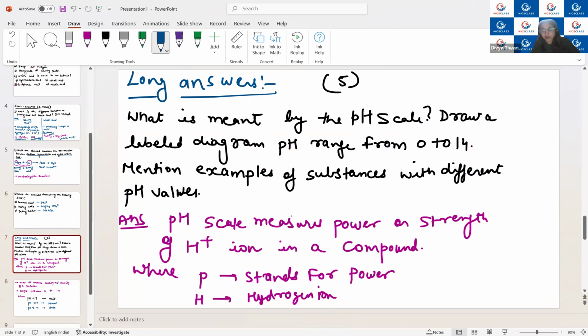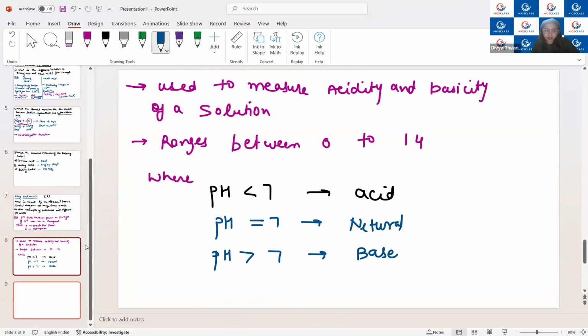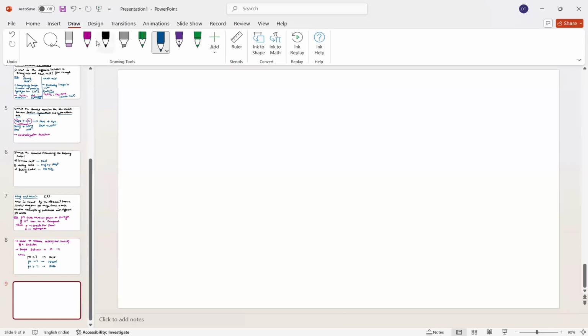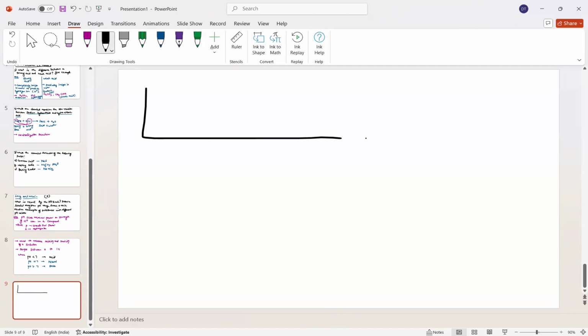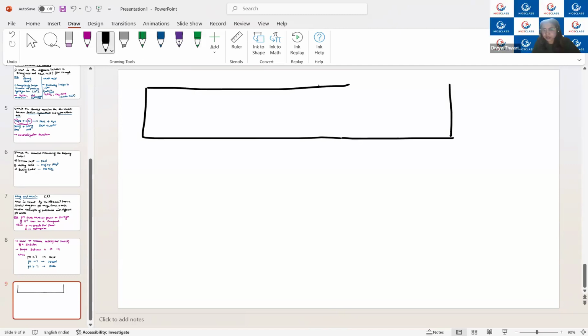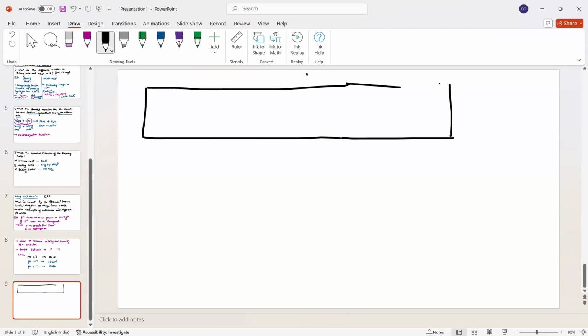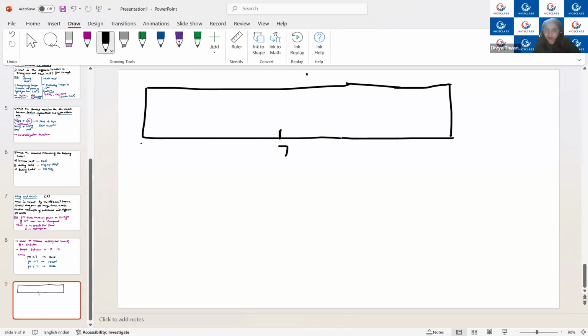Now next you have to draw the well labeled diagram for this pH, and then you have to write down the example for it. So now you will take a scale, right? You will have your pencil box. Maybe my diagram will not be that neat, but in the similar way. Here you will point it as 0, here you will point it as 7, and here you can point it as 14.